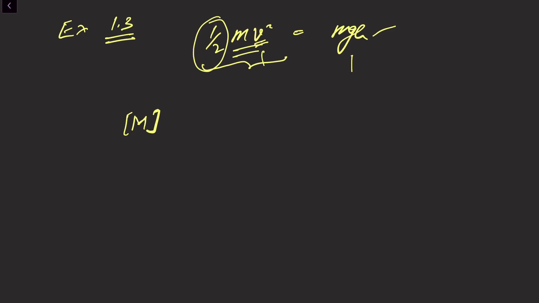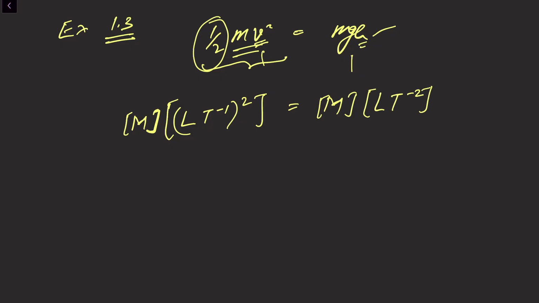V means meters per second, L T to the power minus 1, and it is squared. How about m g h? M means mass, so we write M. G is acceleration due to gravity, meters per second square, so L T to the power minus 2, and h is length, or height, so it has the dimension of L.